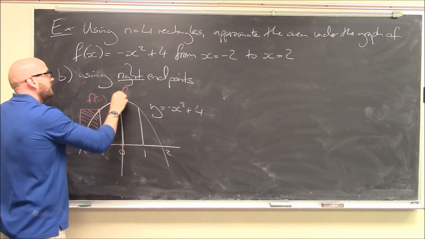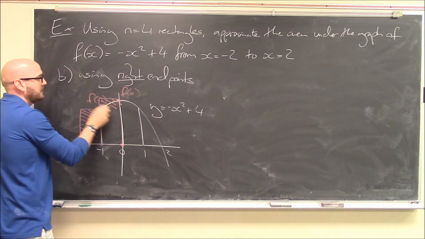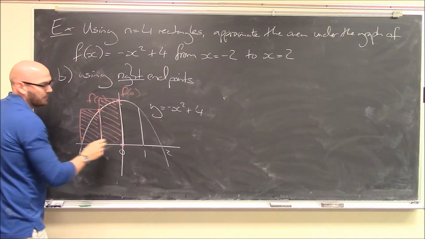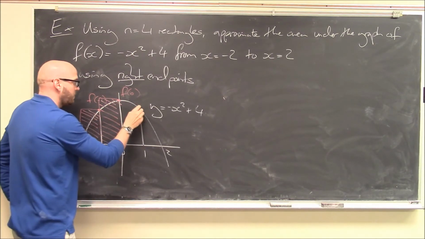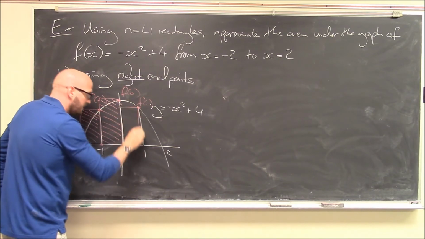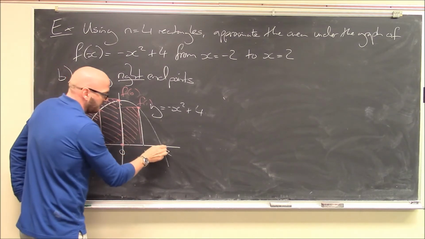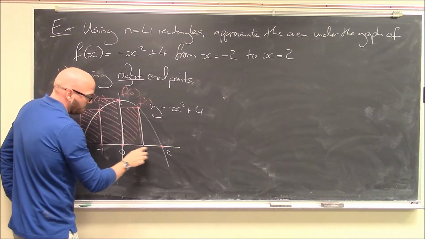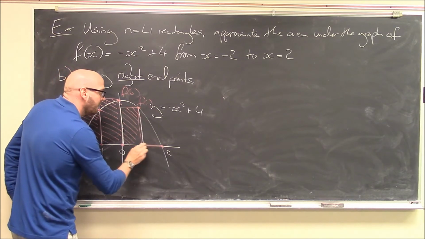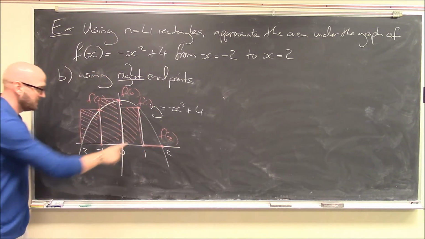Look at the function value there, f of 0, and I take a rectangle of that height. Same thing here, coming to 1, f of 1, that's the right-hand endpoint of this interval. Take a rectangle of that height. And last but not least, 1 to 2, choose the right-hand endpoint, take a rectangle of that height, which of course is 0.